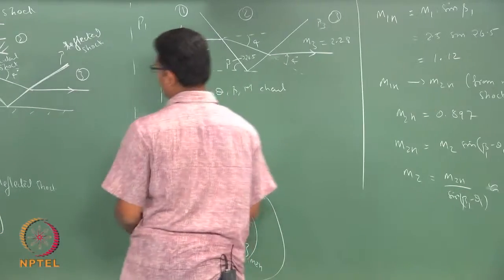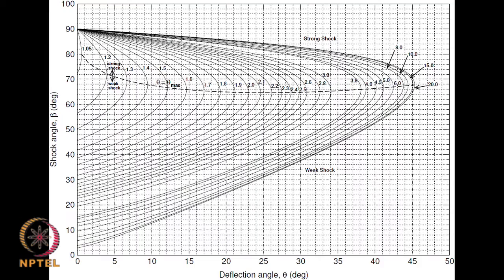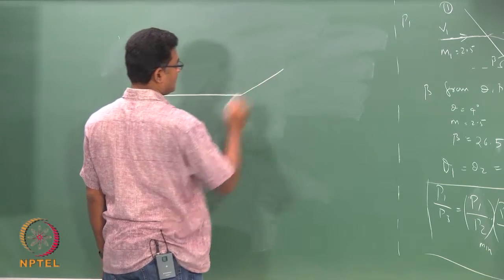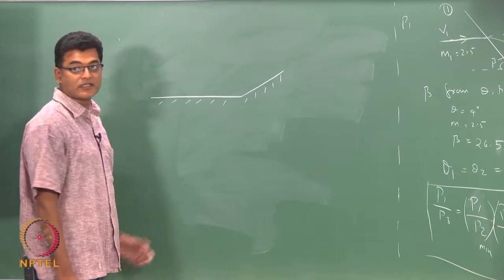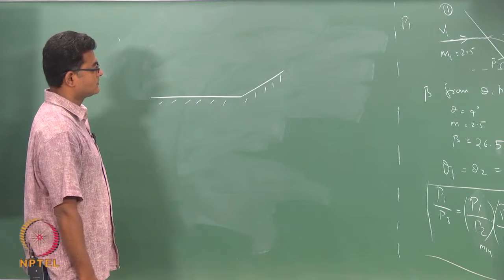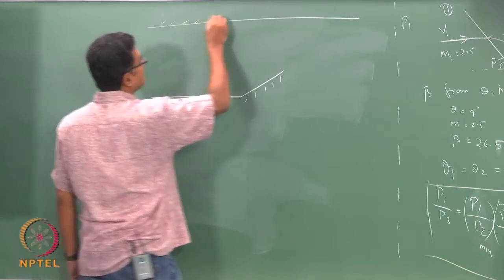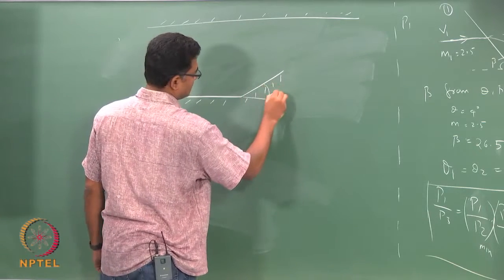Similarly, you can do another tutorial. So, my flat plate then suddenly encounters a ramp, and there is a top wall here. So, this is inclined by some theta.